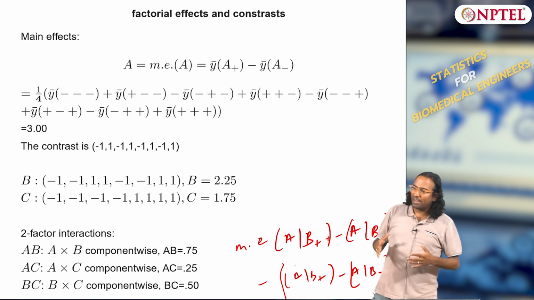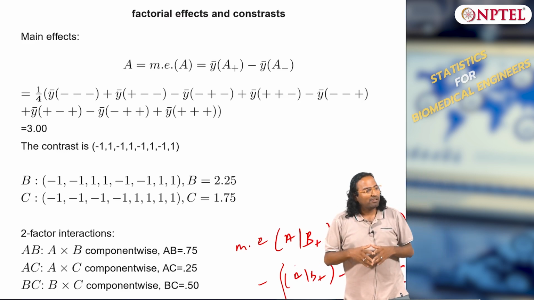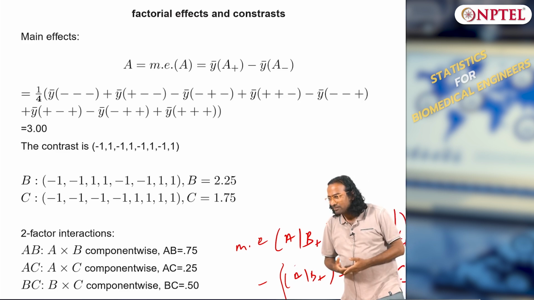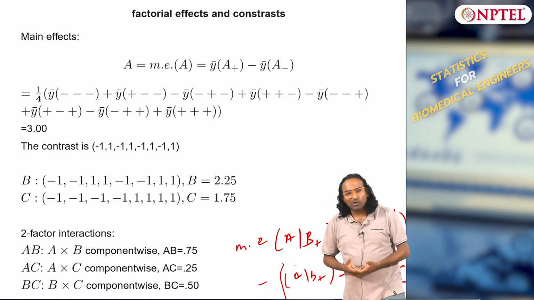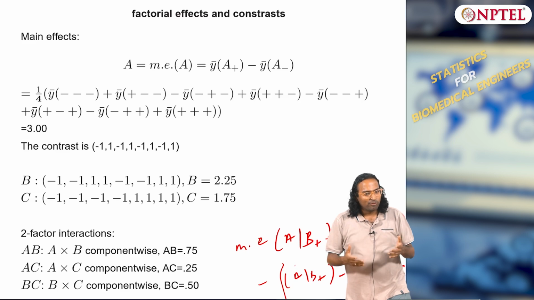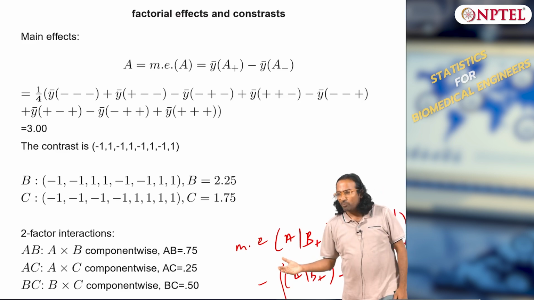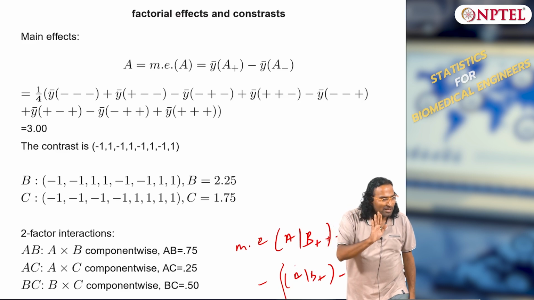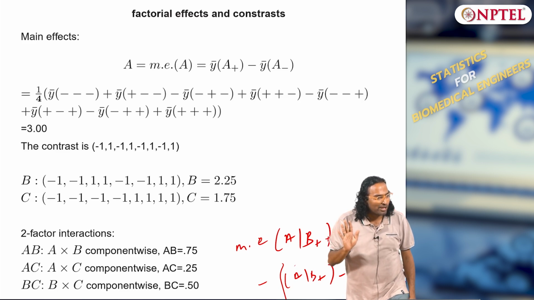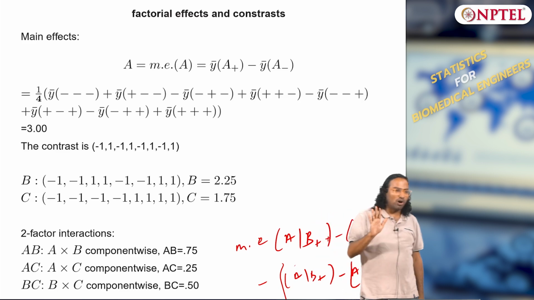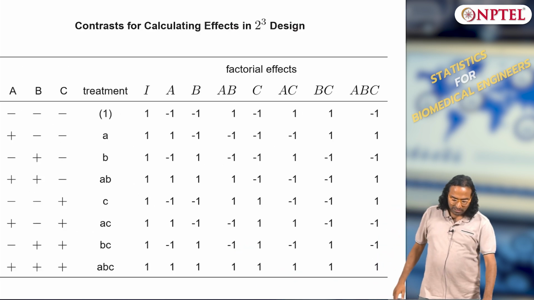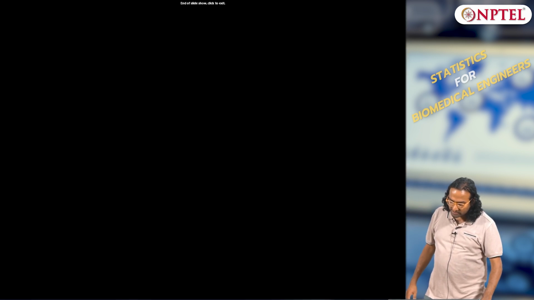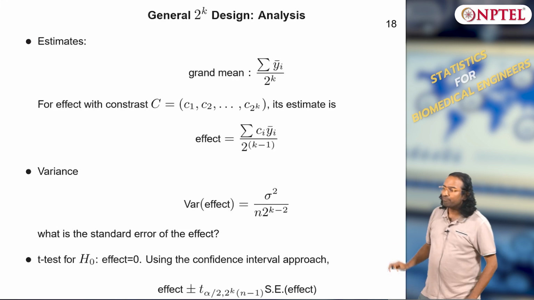Every time you have to come up with or know the contrast table, and the good part is it is done only once, like your Gaussian PDF. So for 2^4 there is a contrast table, for 2^5 there is a contrast table, and so on. Once that contrast is known, everything becomes straightforward, but unfortunately, as I said, the contrast table is not going to be straightforward.